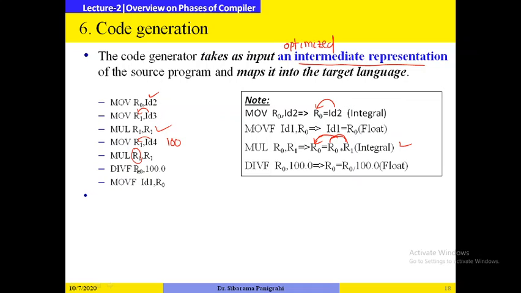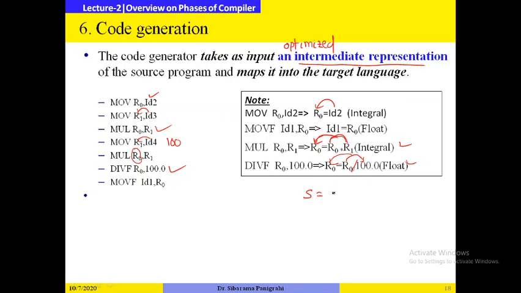Then DIVF, which is a fractional division. R0, 100.0. R0 stores PT into R, so DIVF R0, 100.0 means R0 will be divided by 100.0 and the result will be stored inside R0, which is a floating point operation. And finally we will assign PTR by 100.0 to SI.